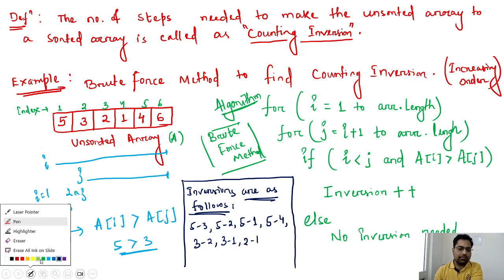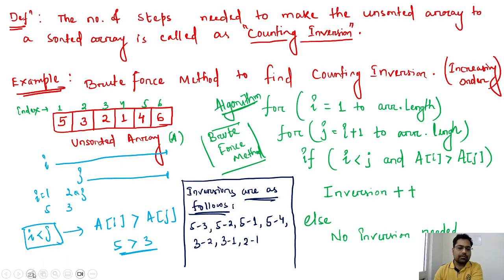So for counting inversions, if anyone asks you what the number of inversions is, you simply add it up, like 5 3 is 1, this is 1, this is 2. Do not circle it while you are writing the answers.